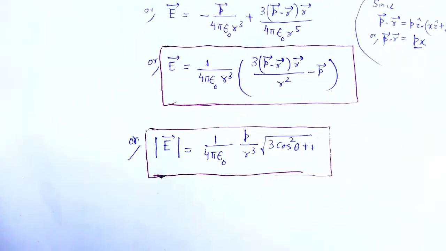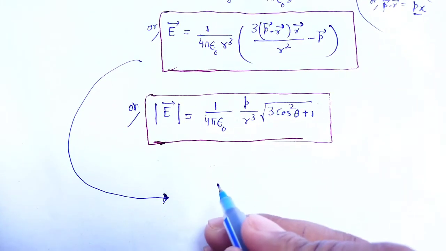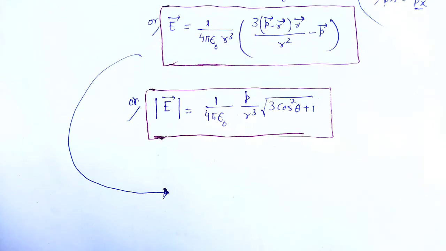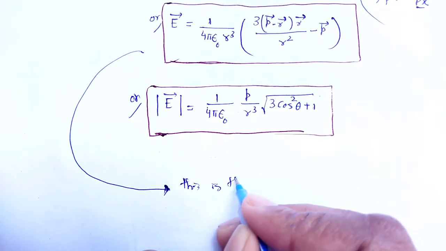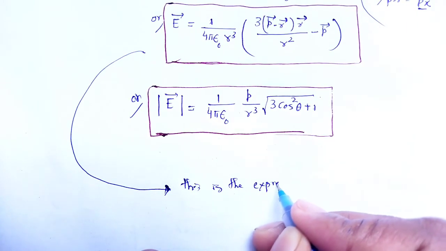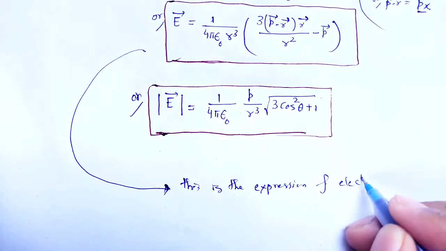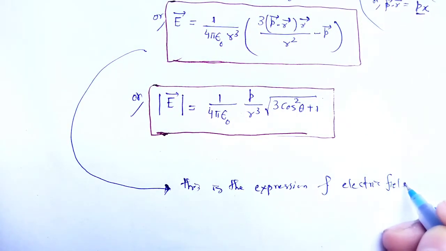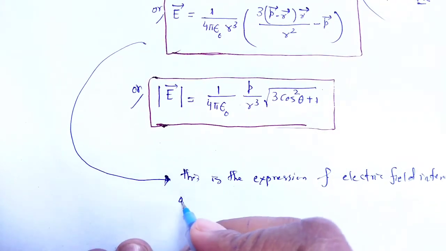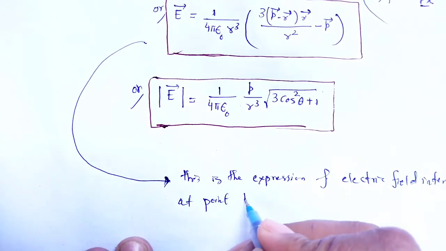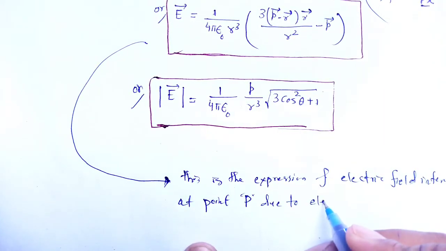These are the expressions, that is the magnitude of electric field. This is the expression of electric field intensity at point P due to electric dipole.